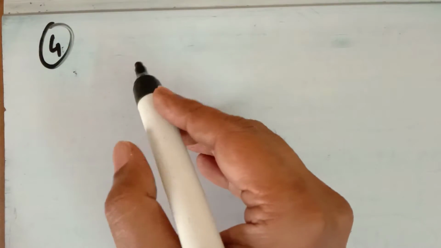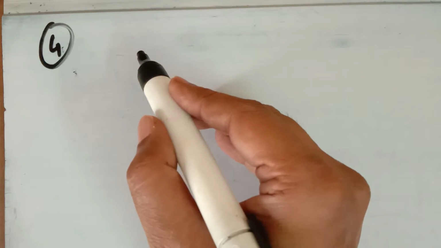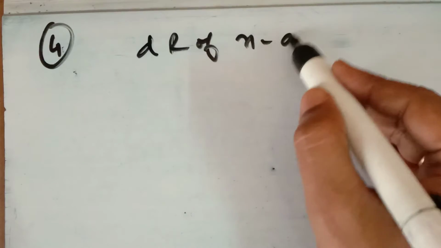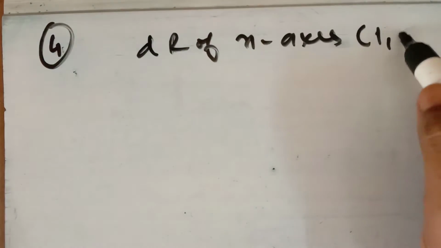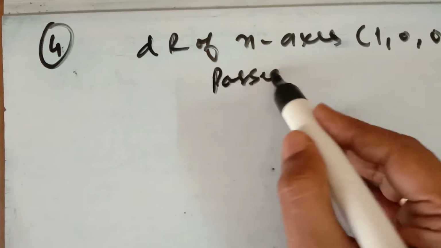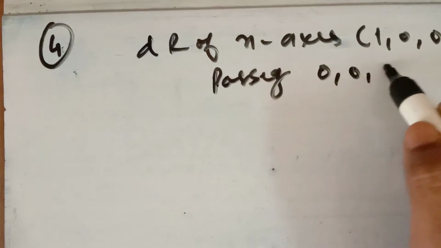In question number 4, you have to find the equation of the line parallel to the x-axis. So the direction ratio of the x-axis, you know, is 1, 0, 0 and this line is passing through the point 0, 0, 0.